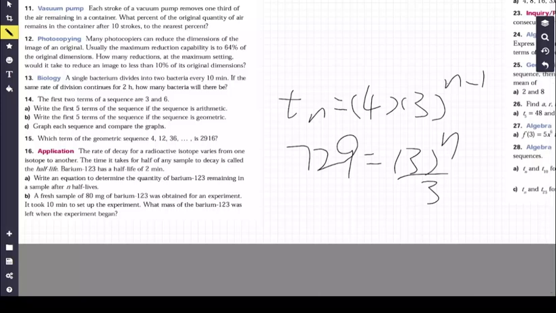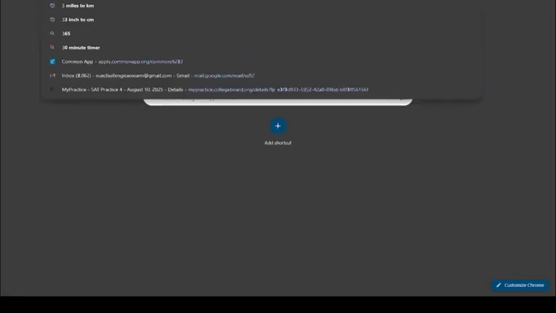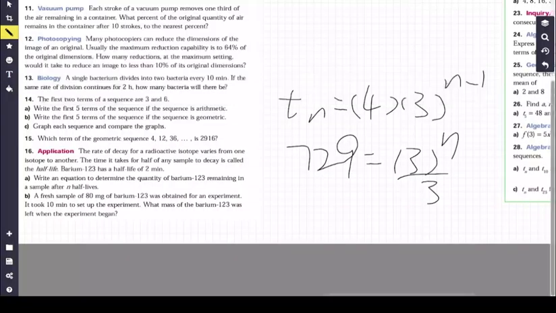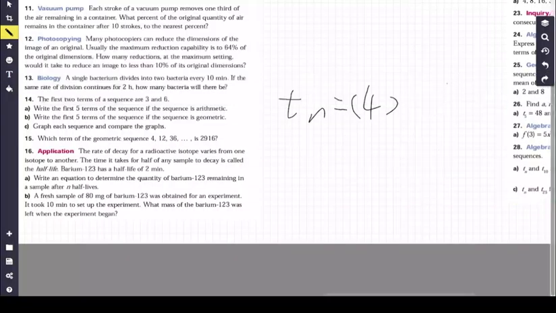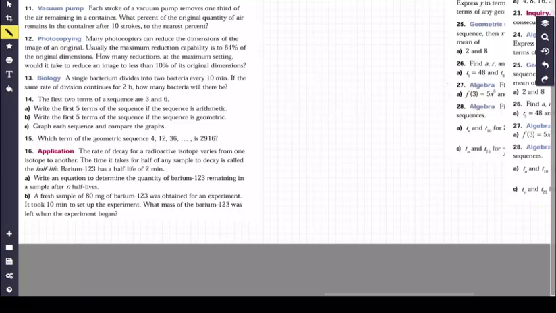And so what power of 3 gives you 2187? We know it's 7. So 3 to the 7 gives you 2187. Let's just write n equals 7. So we know the seventh term of this geometric sequence is 2916.